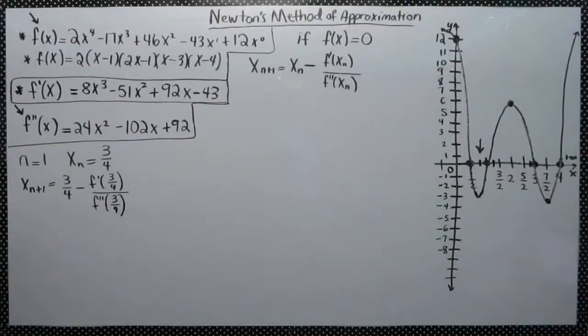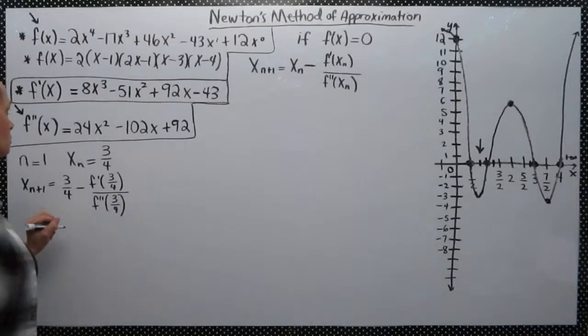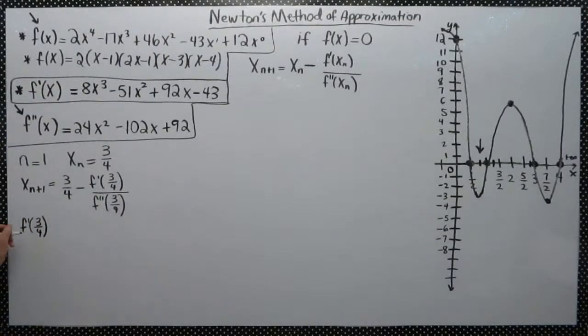And so we'll have to take that first derivative and calculate it, evaluate it at 3/4. And what we'll do is we'll do a couple of examples. So we'll do f prime of 3/4 once. And then I'll plug it into the calculator if we're going to do more than one iteration.